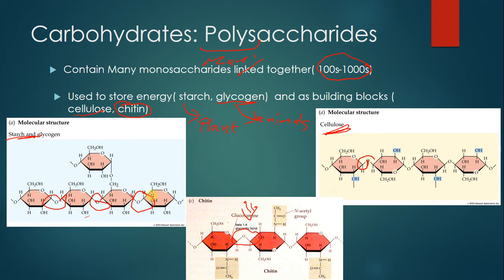So it can be a 1,4 glycosidic linkage, or a 1,6 glycosidic linkage. That's kind of beyond a lot of what we're going to talk about with the AP test, but if you're wondering why you might see that in your book, that's why.